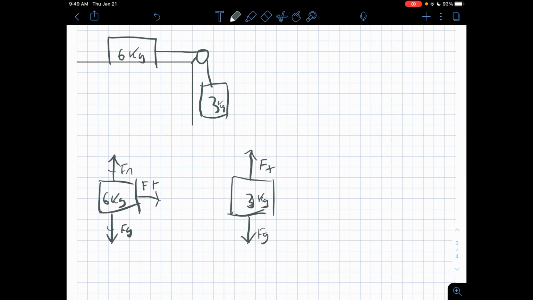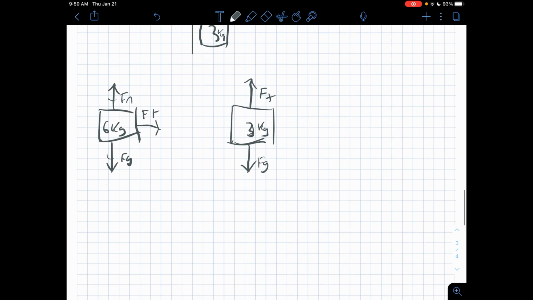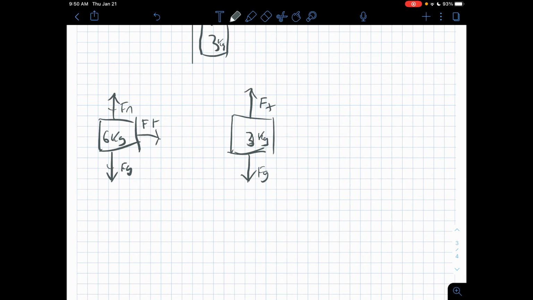First, we want to figure out the force pulling down on the 3 kilogram block. So you have gravity here, which is 9.8. You simply do 3 times 9.8, and you get 29.4 newtons. This is simply F equals ma.